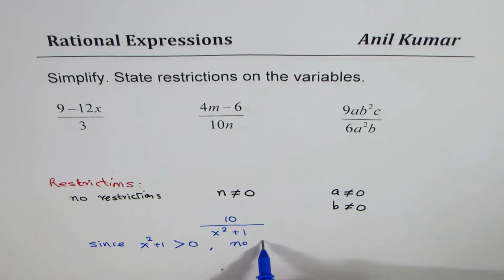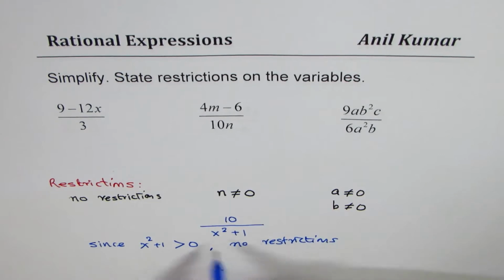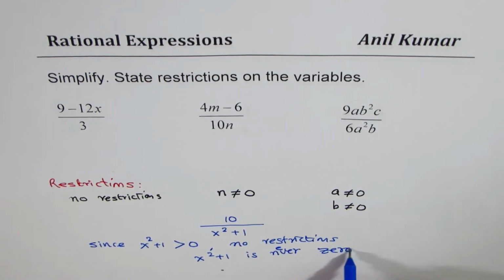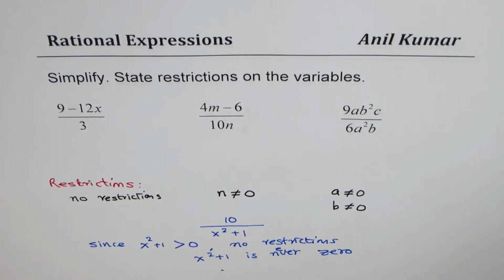I should have written that x squared plus 1 is never 0. Since x squared plus 1 is never 0, we have no restrictions here.